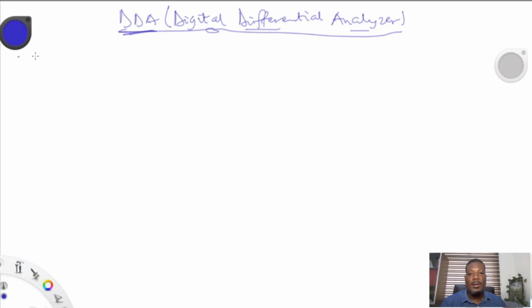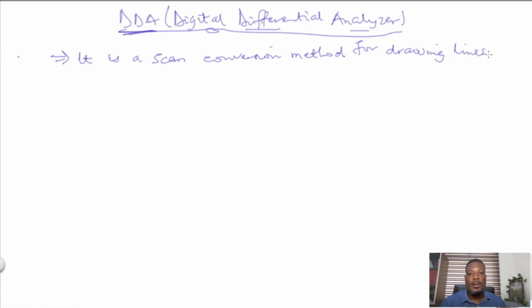So it is a scan conversion method for drawing lines. That's the first thing that you should know.